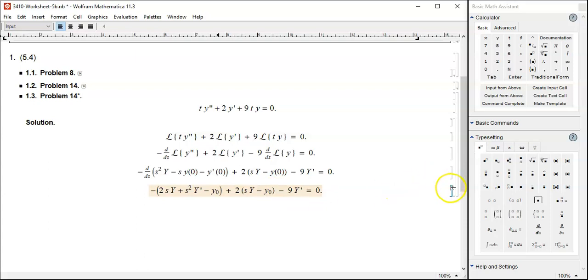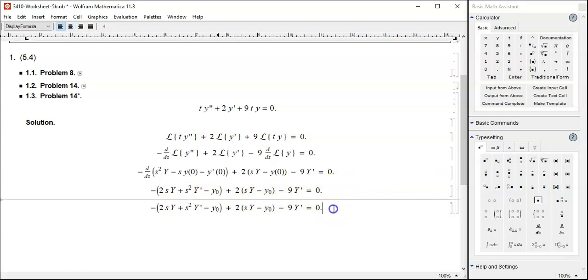Okay, all right. And then let's work out some manipulation. Let's see. We have negative s squared Y prime, negative 9Y prime. So that's going to give me negative s squared plus 9 times capital Y prime. How about the Y part? Negative 2sY, positive 2sY. So we're going to get just 0.